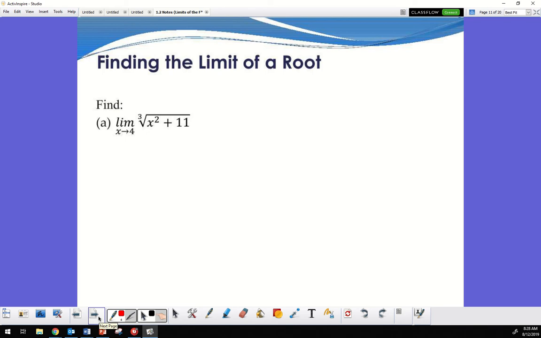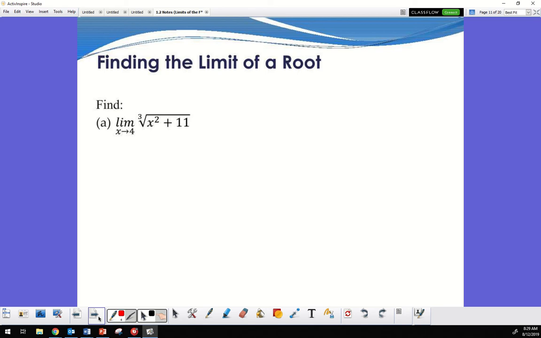This one right here, is there a limit, any restrictions? No. Why is there no restriction at all? Because it's to the third. It's a third root, right? Can I have negatives inside a third root? Yes.